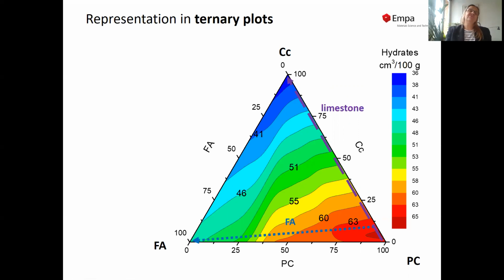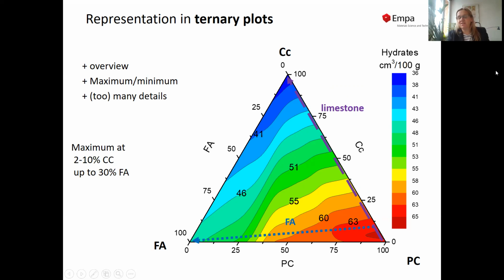Now I've shown you different binary mixes, but naturally we can also calculate ternary mixes and plot everything then in ternary diagrams, as I've done here for limestone, Portland cement, fly ash mixing. This is a convenient way to get an overview, to identify where we have maximum and minimum regions.